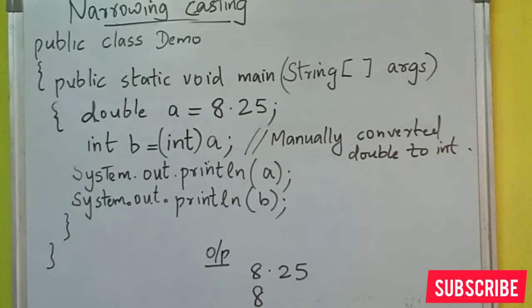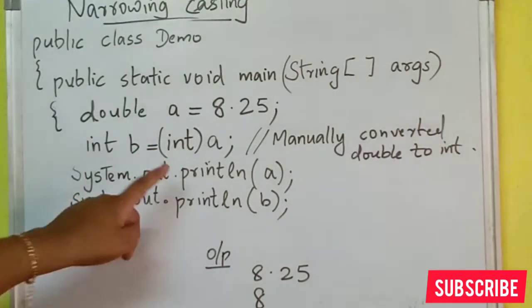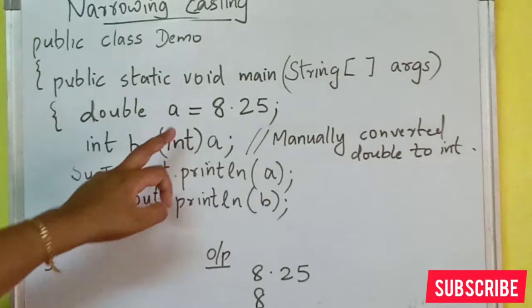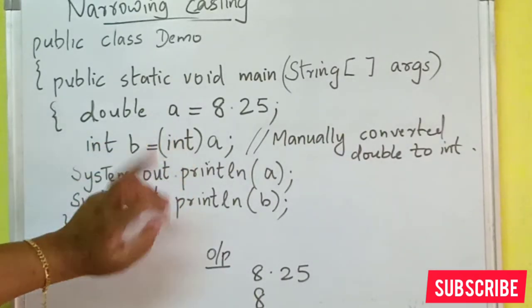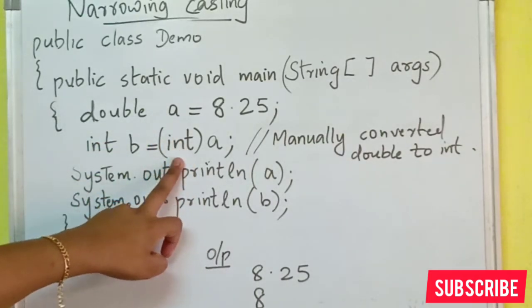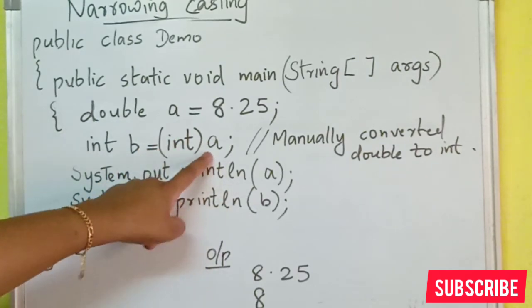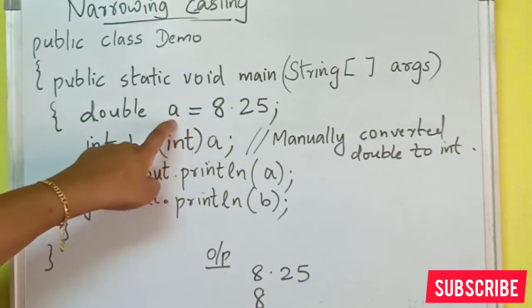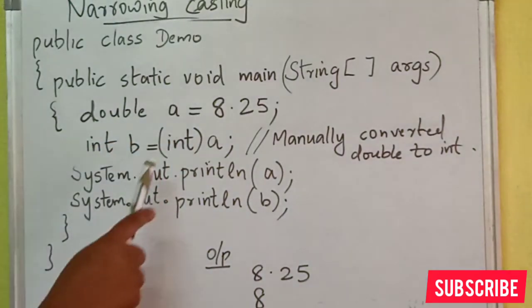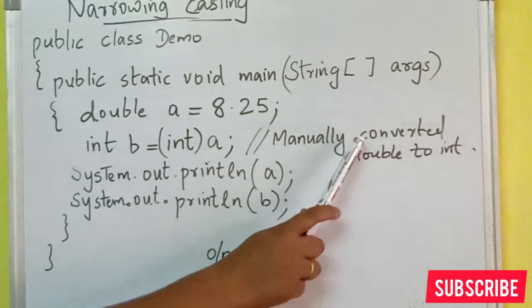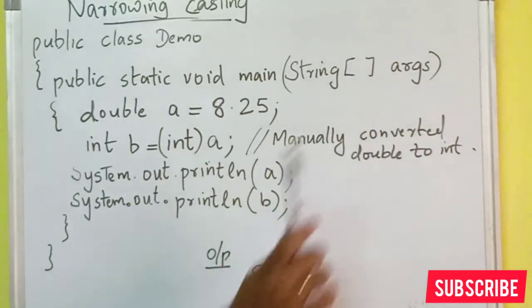So first you have to mention the data type to which you are going to convert the floating point value. After specifying the data type as int within brackets, simply write the name of the previous variable. So by writing int a, we are manually converting the double data type to integer data type.